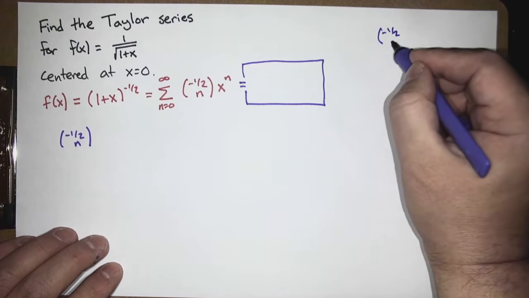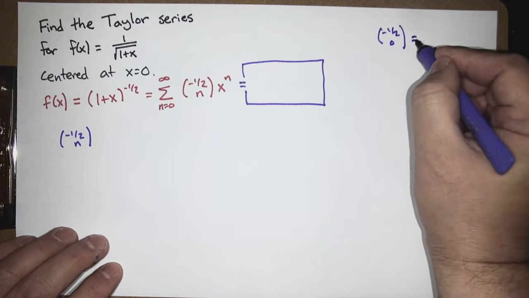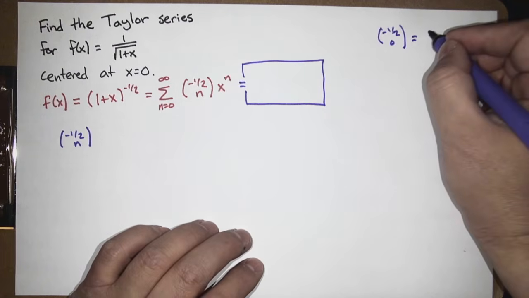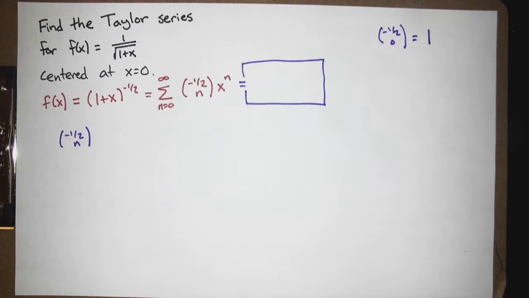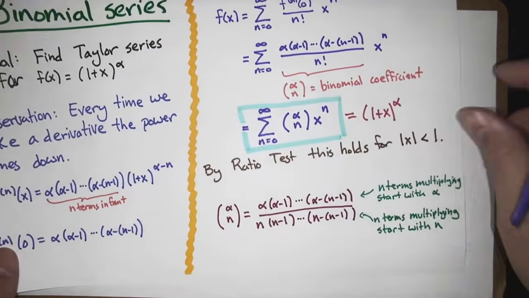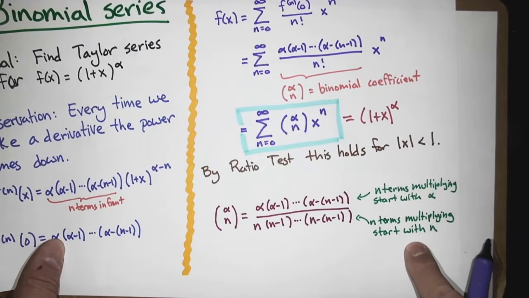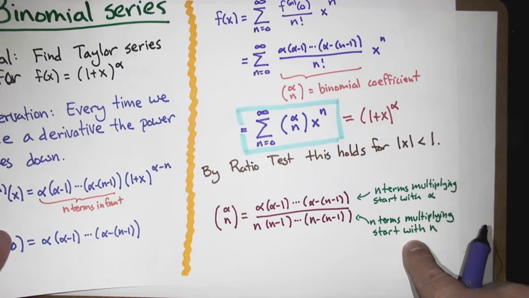Negative 1/2 choose 0. By convention, any thoughts on what this should be? 1. Good. Now you might say, wait, how does that work? Well, if you come back to here, when I'm having alpha choose n, it says you have n terms upstairs, n terms downstairs, multiplying.